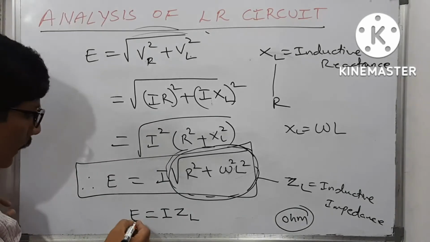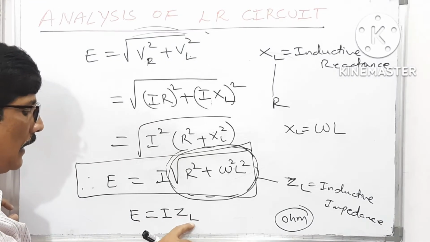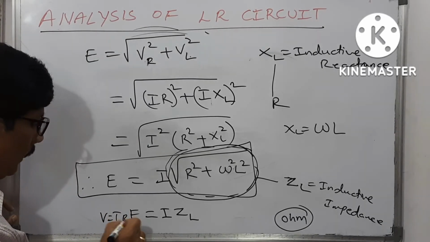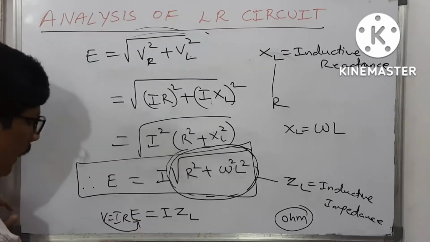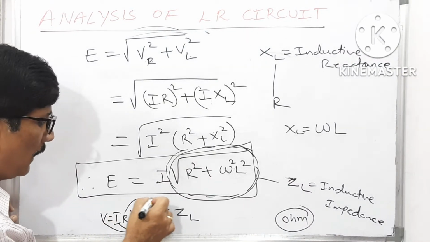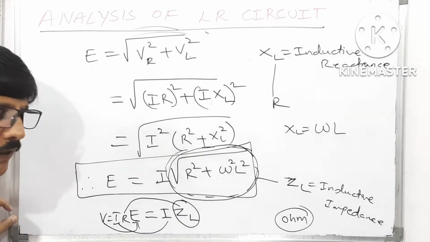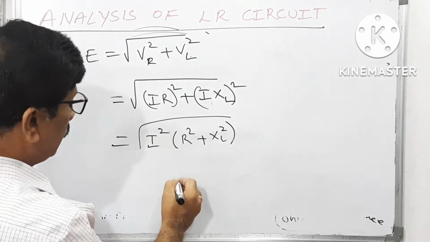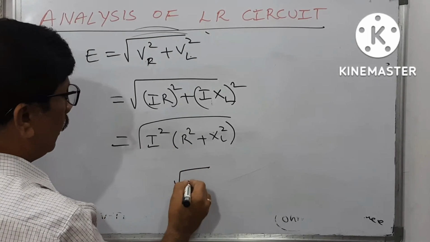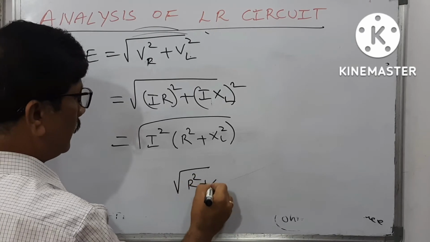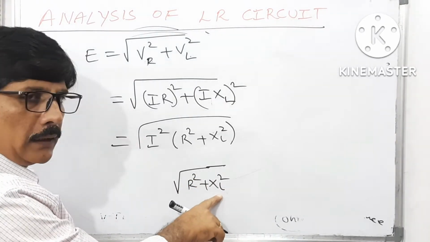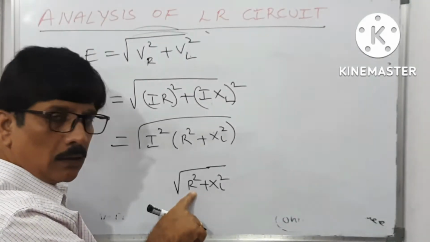So that's why you can write E is equal to I ZL. Here, according to Ohm's law, V is equal to IR. Here V means E, I means I, but in the place of R, I am taking the effective impedance. What is this? This is under root R square plus XL square. XL is called inductive reactance. This is the resistance of the resistor.